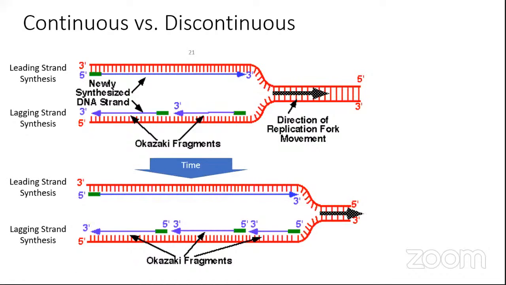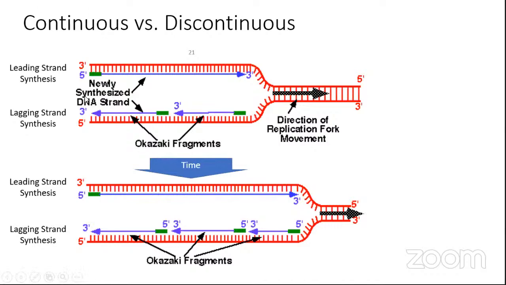But in the lagging strand, the direction of movement of the replication fork is opposite to the direction of synthesis of the strand. So, for example, you can see this. Imagine the replication fork was in this position.